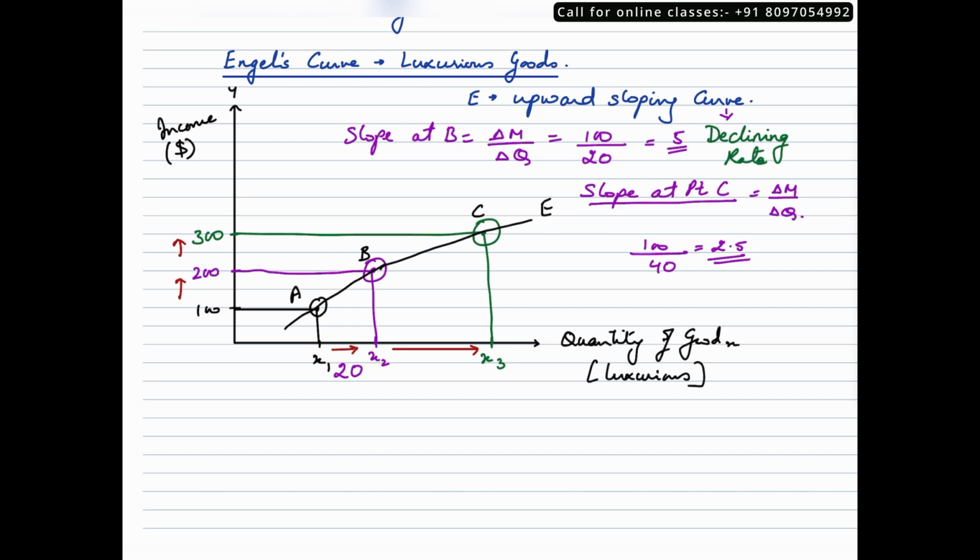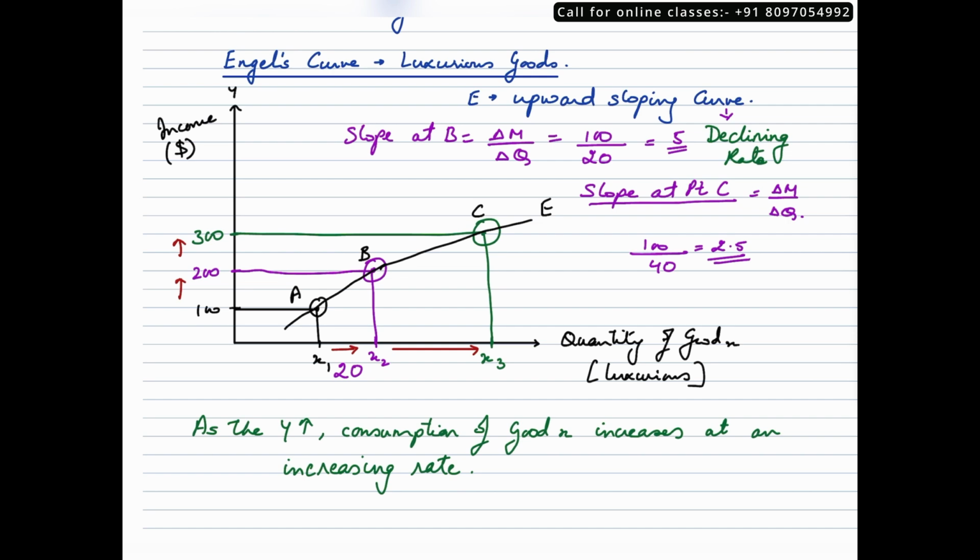It means as the income increases, the consumer is increasing his consumption of this particular commodity with each increment in the income. Alright, let's jot that down. So this means as the income of the consumer increases, his consumption of good X is also increasing but at an increasing rate, giving it a slope that bends towards the x-axis.